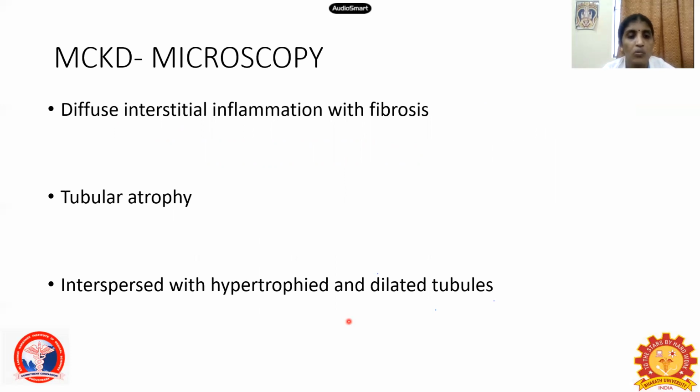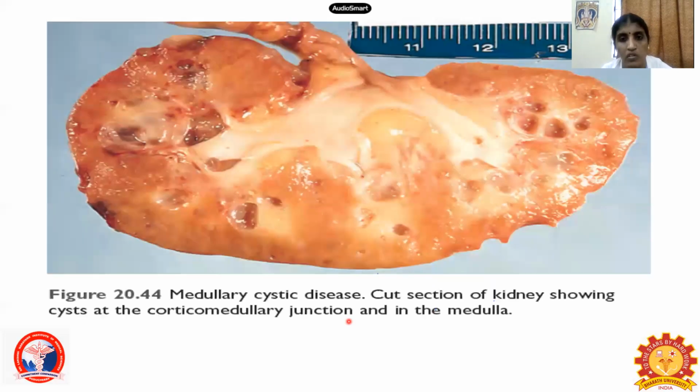Microscopically, there is diffuse interstitial inflammation along with fibrosis, tubular atrophy, and hypertrophied and dilated tubules. Both can be there: predominantly atrophied tubules, and interspersed among them some hypertrophied and dilated tubules. So you have to remember that. This is medullary cystic disease, with cysts located at the corticomedullary junction.